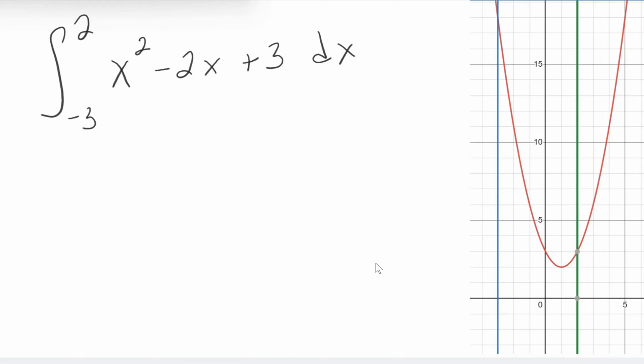I get an error. I don't know. All right, so what's the integral first?